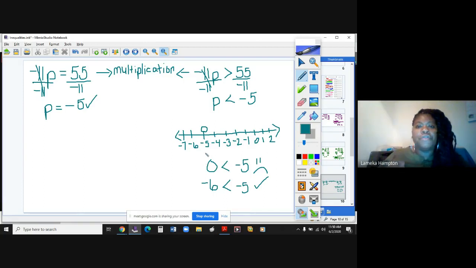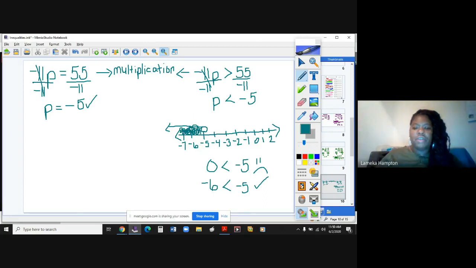So remember, if you're comparing two negative numbers, figure out which one is closest to 0. If that number is closest to 0, that is what would make that number the largest number. Okay? So -7, -12, -3,467,000 to the -15th power. All of those numbers, decimals, and fractions would make this inequality true.